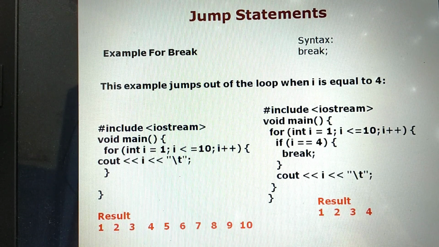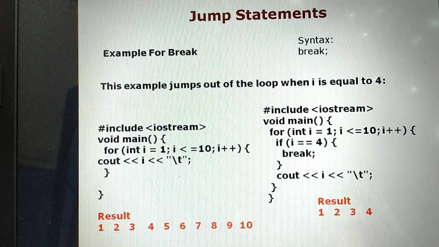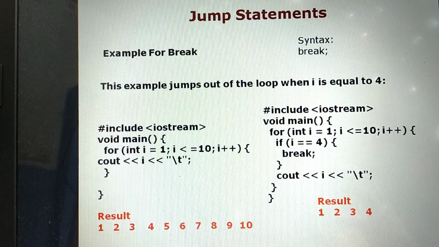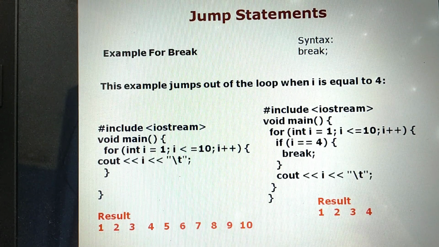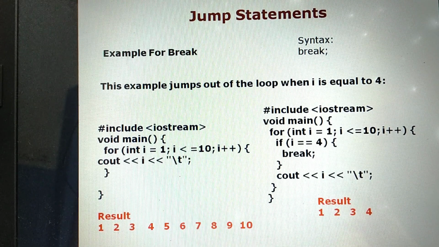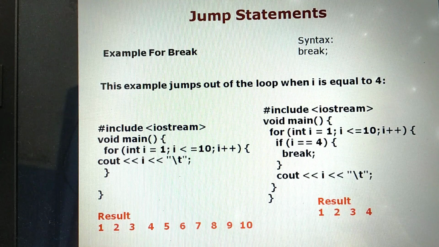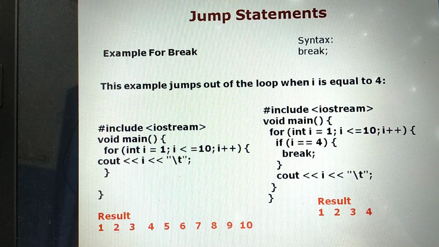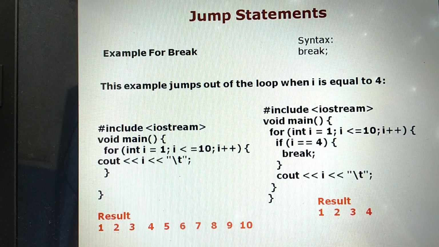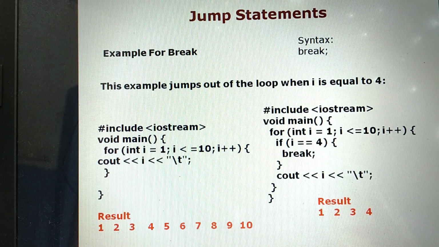Once the loop starts with the starting value of the looping variable, it ends when the looping variable reaches the final value. We cannot normally terminate the loop, but sometimes we want to break the repetition of the loop, that is, to terminate the loop. C++ provides the break statement to terminate the looping process.